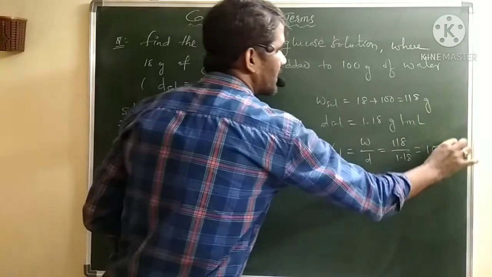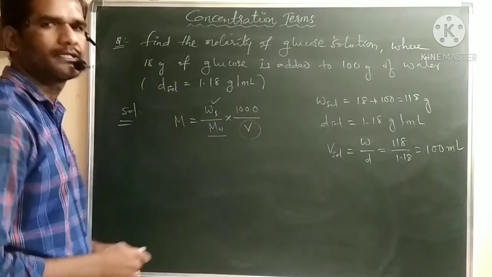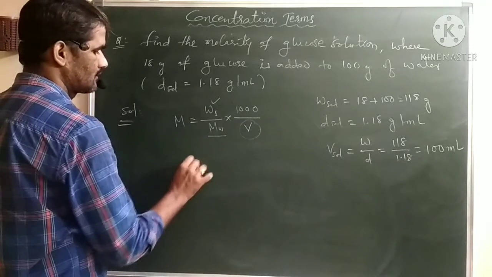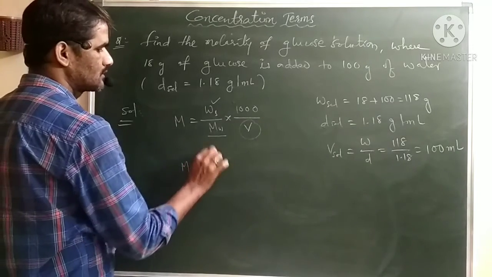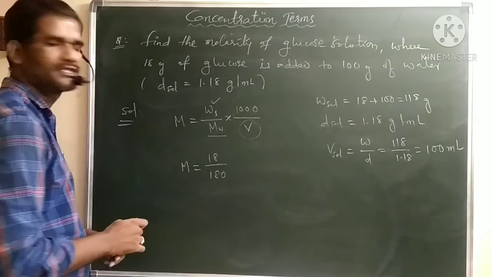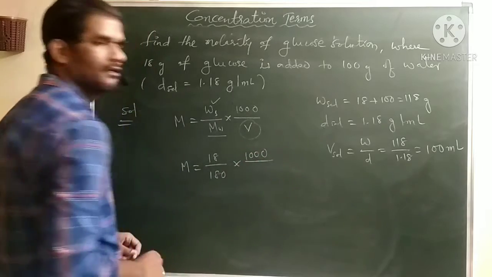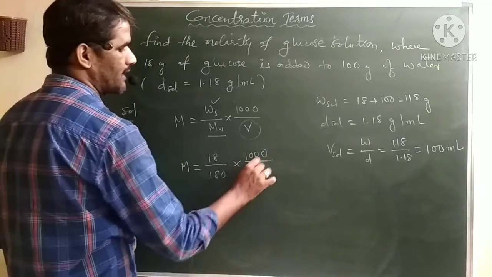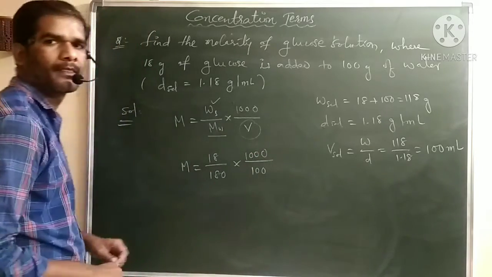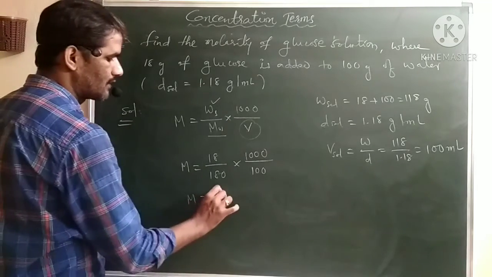So it is 100 ml. The 100 ml we can substitute here. Then molarity is equal to 18, and molar mass of glucose is 180, into 1000 by volume of solution 100 ml. So this will give overall molarity as 1 molar.